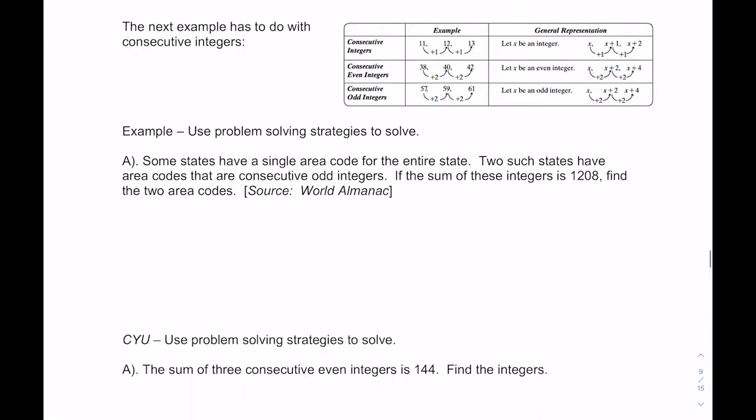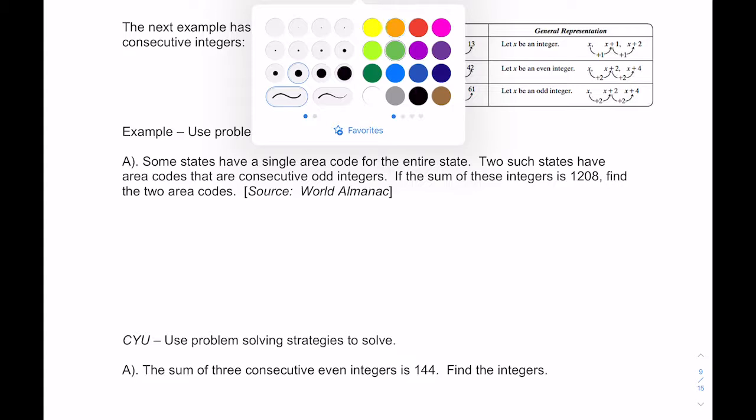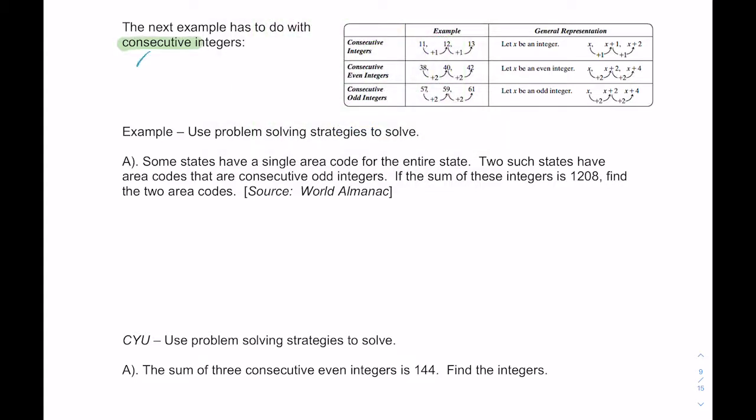Our last examples have to do with consecutive integers. So the word consecutive means in order. So 1, 2, and 3 are consecutive integers. Remember, an integer is just a signed whole number, like -2, -1, 0, 1, 2, and so on.